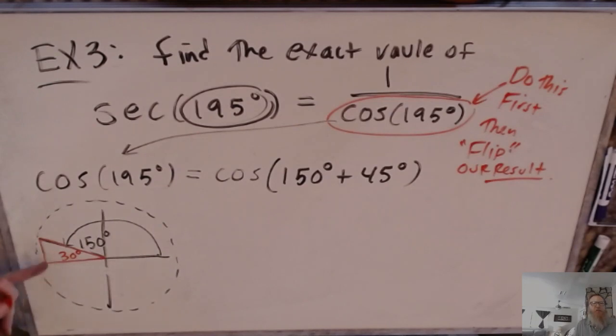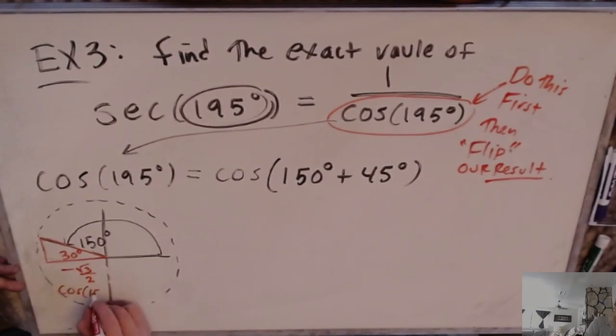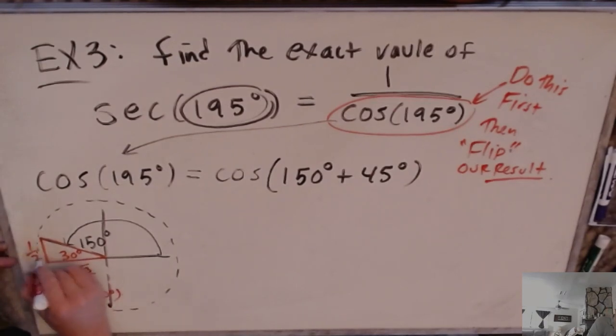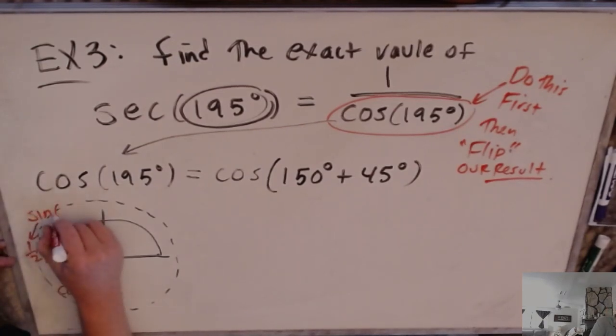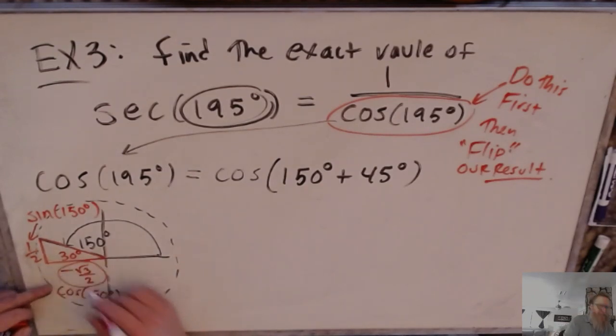So we can just use the reference of 30 degrees. The cosine is negative root 3 over 2. And the sine is 1/2. So the sine of 150 is 1/2. The cosine of 150 is negative radical 3 over 2.